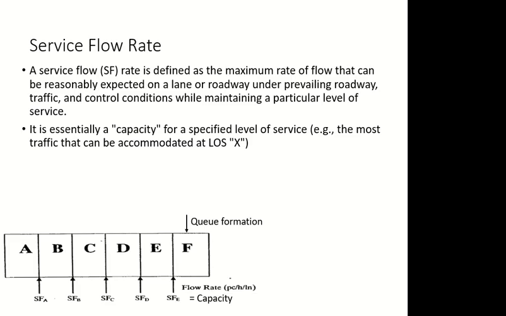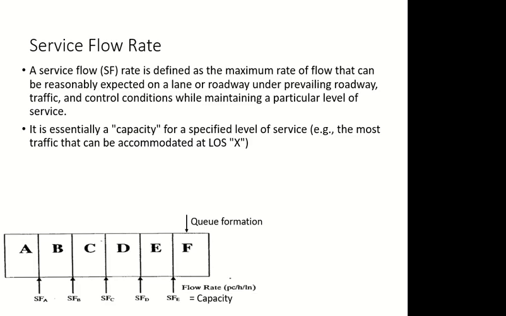So if I say the service flow rate for A is 1000, then when you go above 1000, your level of service does not remain A. And if for B it is 1200, then when you go above 1200, your level of service does not remain B. So every level of service has a maximum flow rate, which is called the service flow rate.